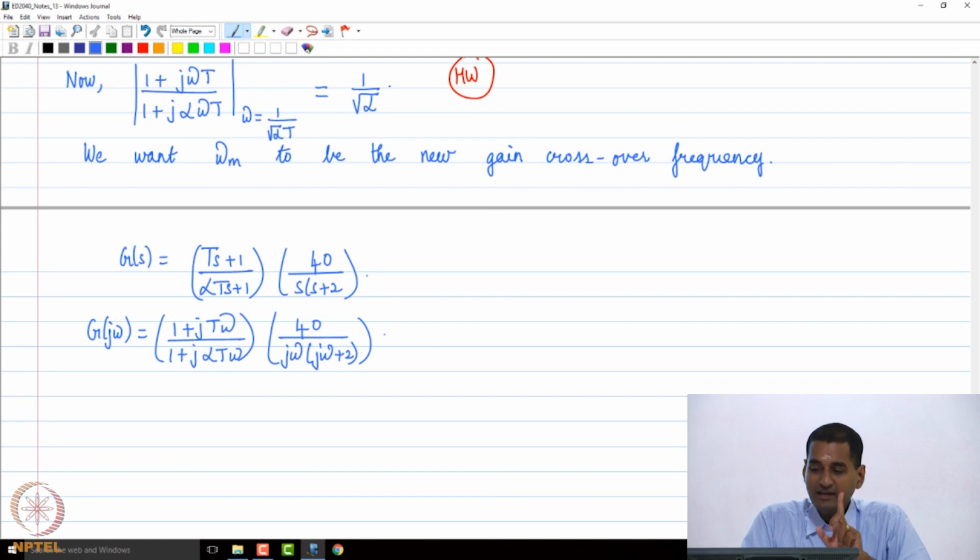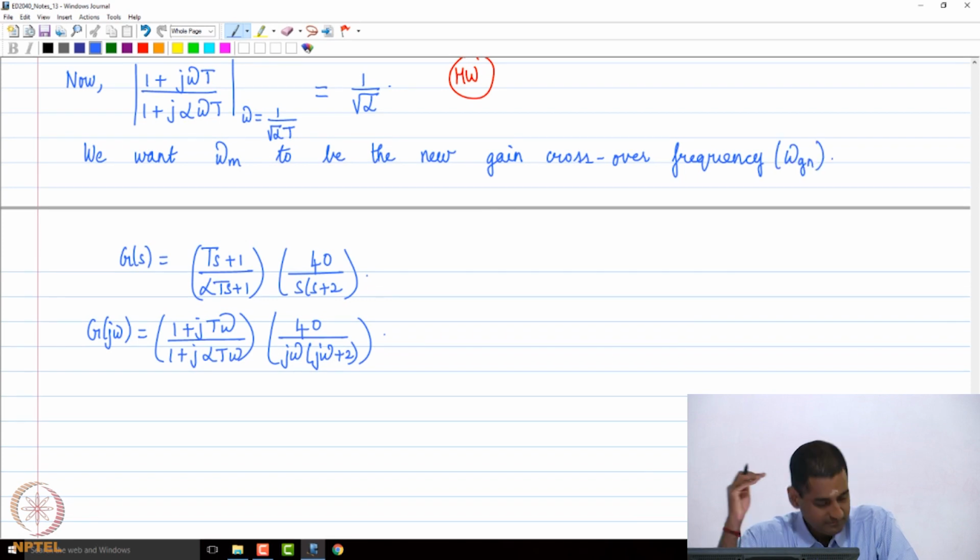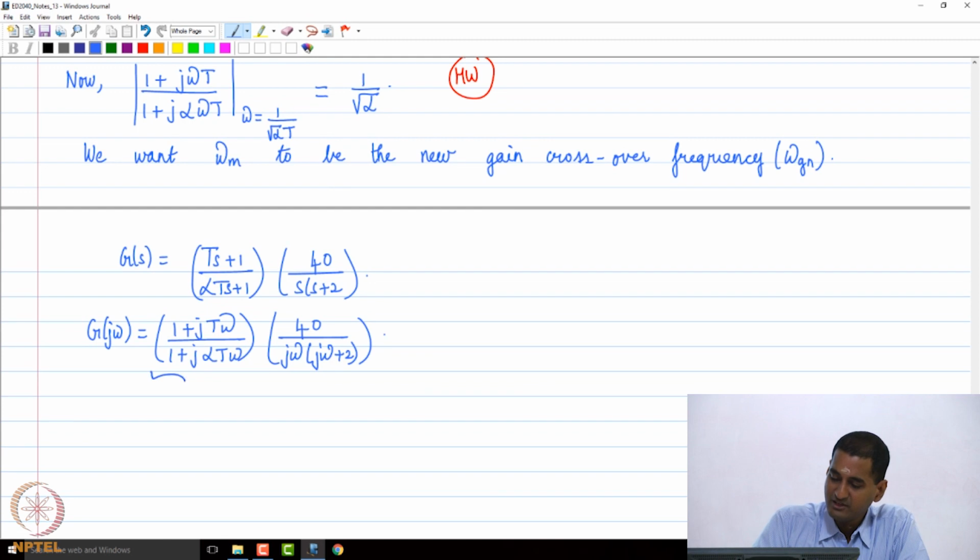So, we want omega m to be the new gain crossover frequency. Okay. So, let us say we call this omega gn. Okay. Now, at the new gain crossover frequency omega m, the value of 1 over this particular factor is going to be equal to 1 divided by square root of alpha, which is essentially calculated as 2.05.